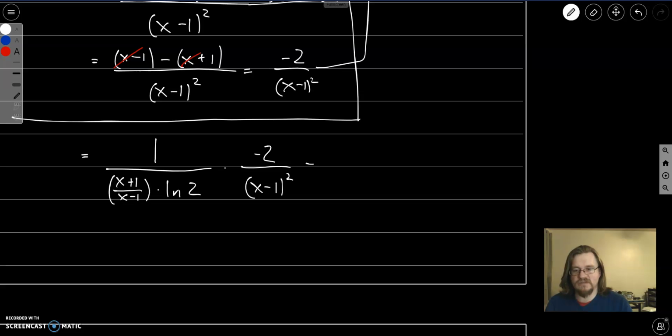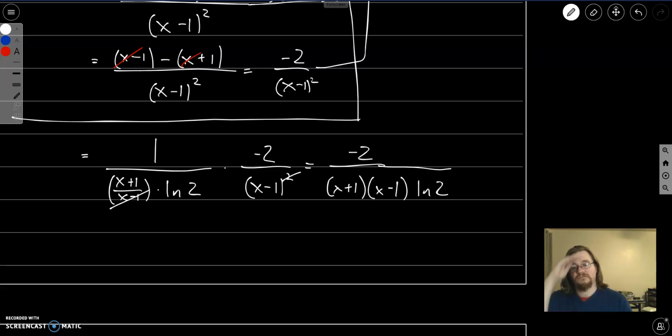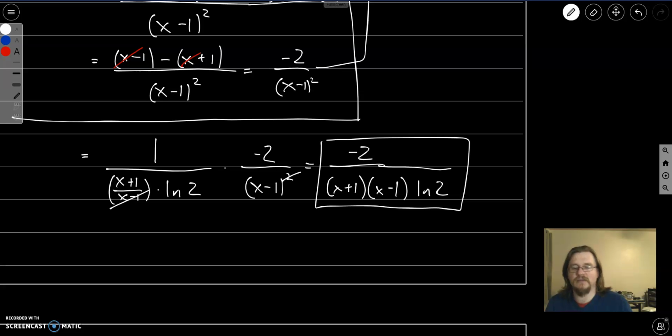So 1 times negative 2 is going to be negative 2. And then on the bottom, if I just multiply straight across, 1 factor of x minus 1 will cancel with 1 factor of x minus 1, and I'll get x plus 1 times x minus 1 times the natural log of 2. And that's that. So we simplified all of that down to get this guy.